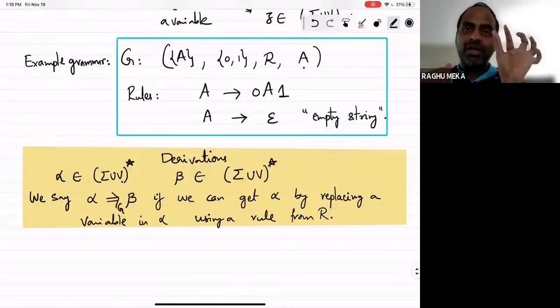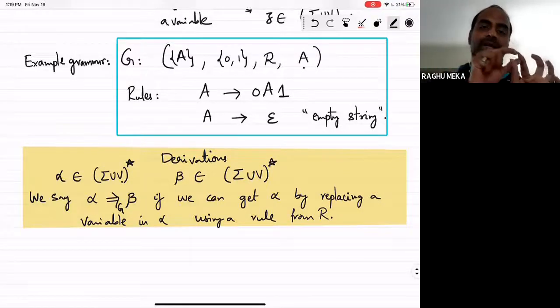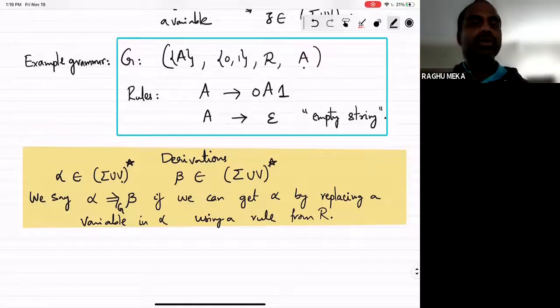Meaning there is some variable, I look at that variable, I replace that variable according to what the rule says, and then I get the string beta.